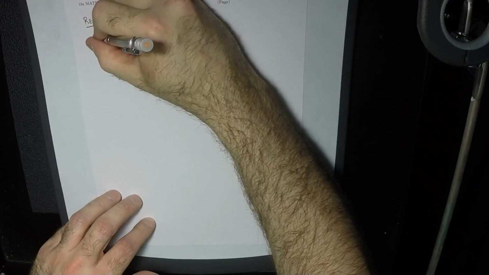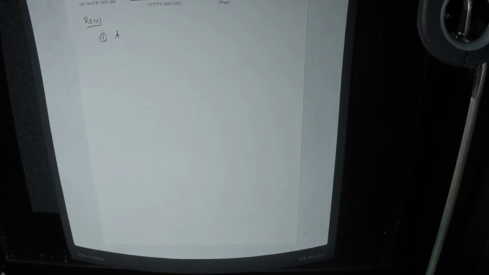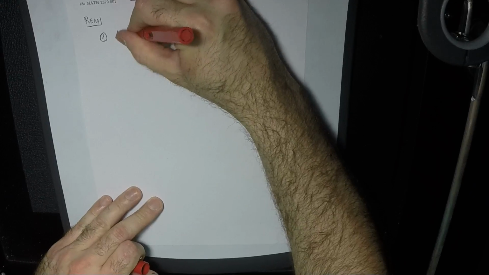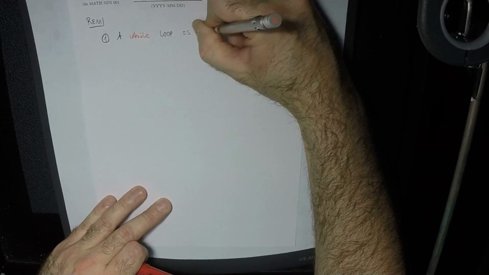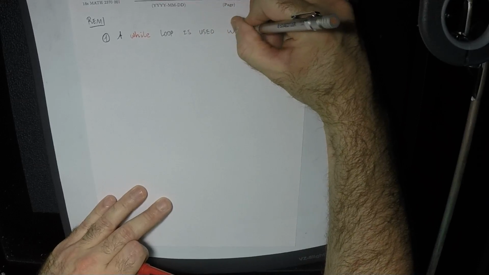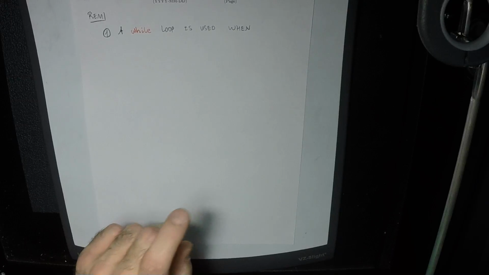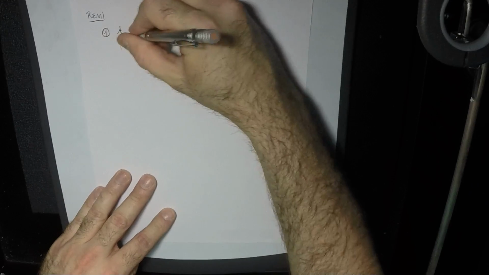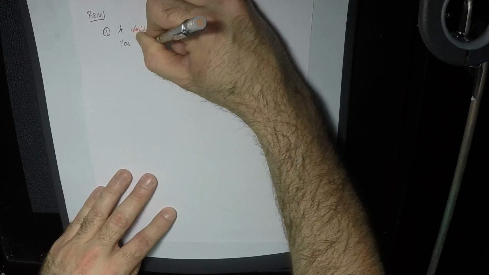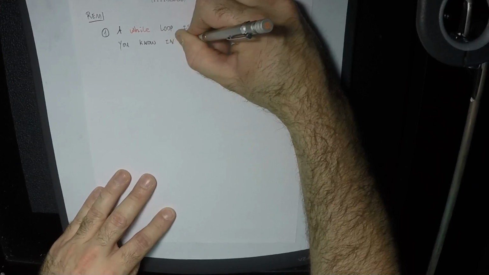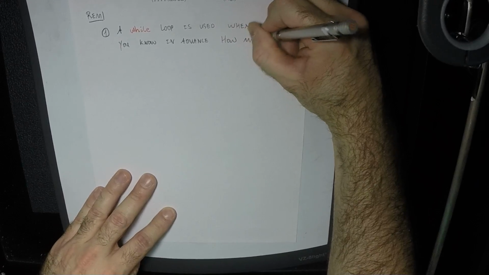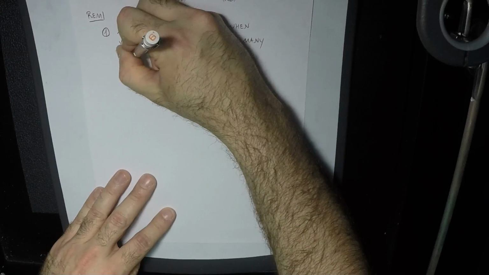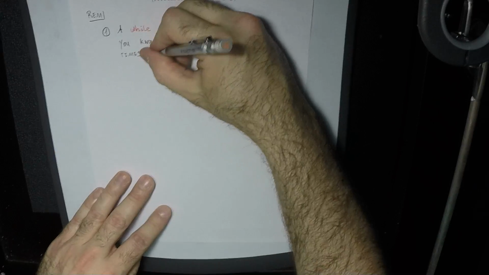So, remark. A while loop is used when, and this is loosely speaking, when you do not know in advance how many times the body needs to execute.